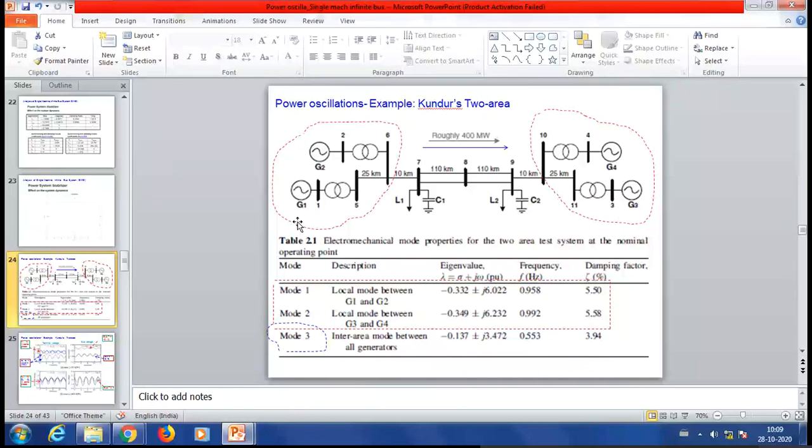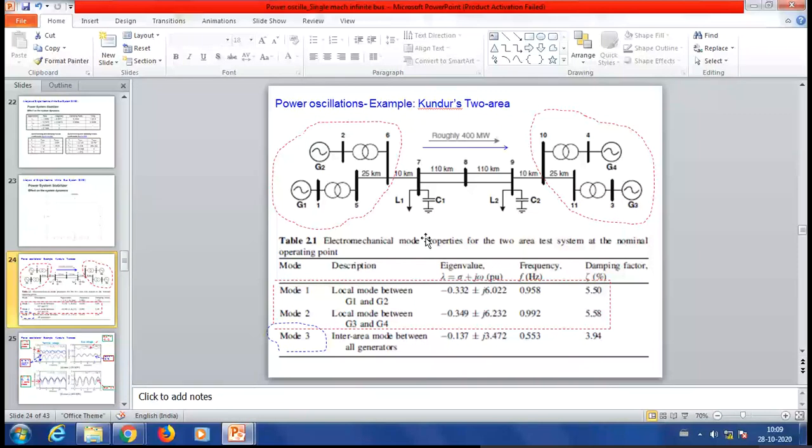That was discussed last time. And then we had some discussion on the Kundur two area model in respect to the presence of the modes, electromechanical oscillations.